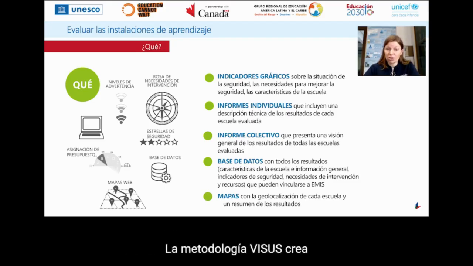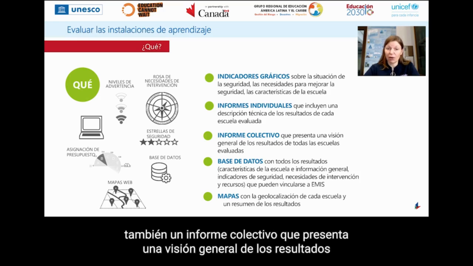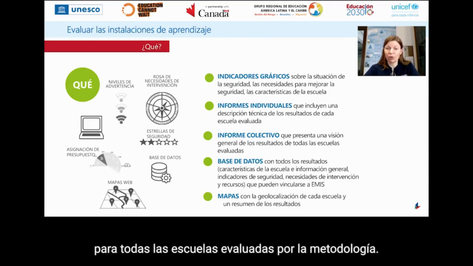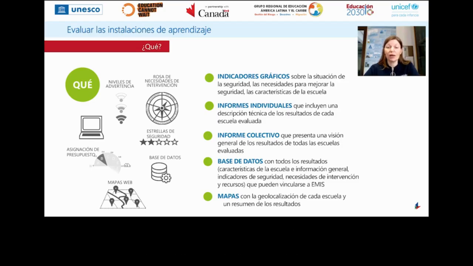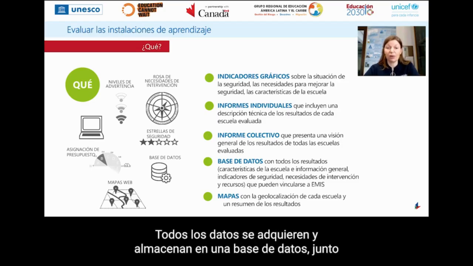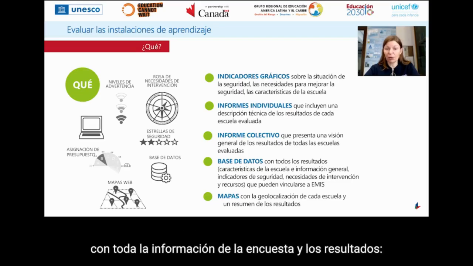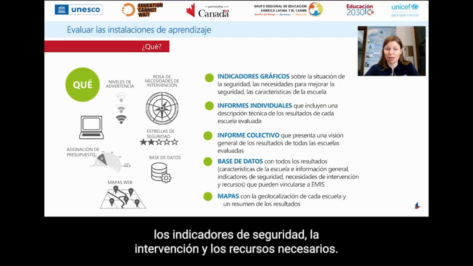The VISUS methodology creates also a collective report presenting an overview of the outcomes for all the schools assessed by the methodology. The data are all acquired and stored in a database, together with all the survey and outcomes information. So, the school characteristics and the general information, the safety indicators, the intervention and the resources needed.